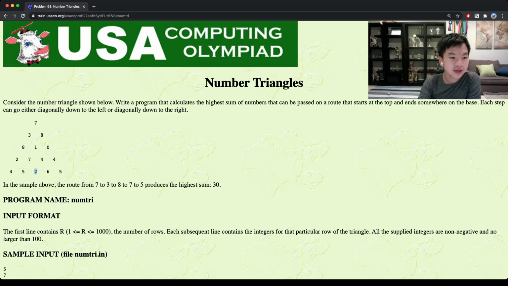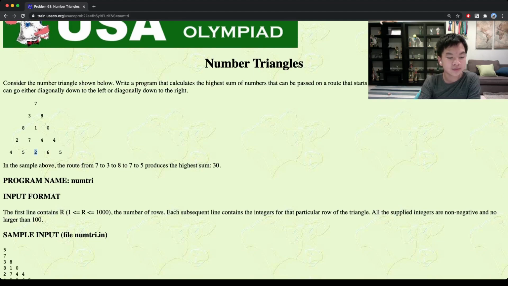The value of this route would be the sum of the values along this route, which in this case is 7 plus 8 plus 1 plus 4 plus 2. We're supposed to find the maximum value over all the possible routes.